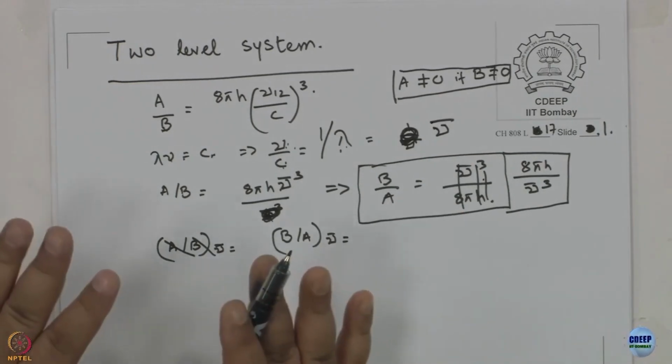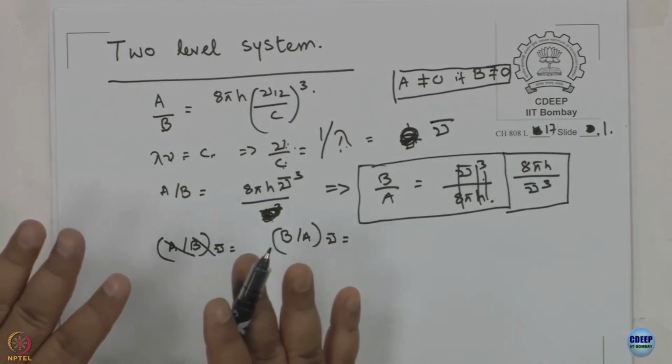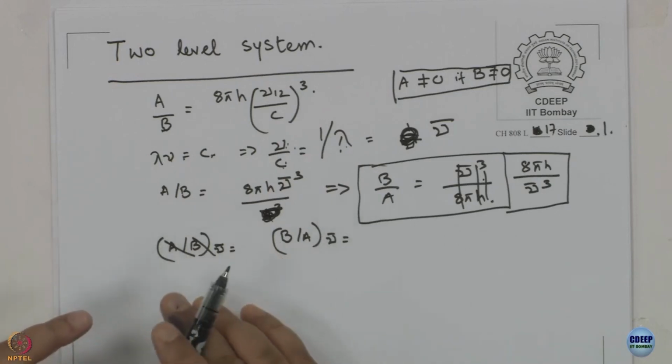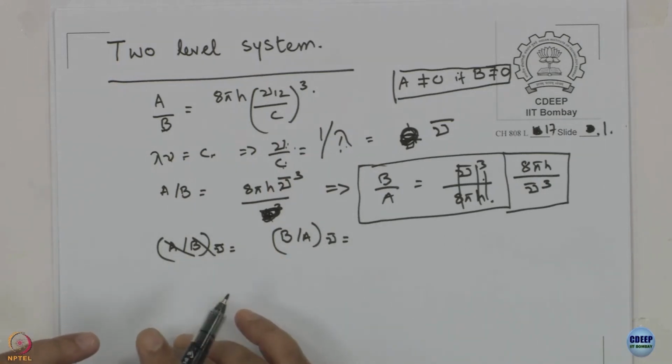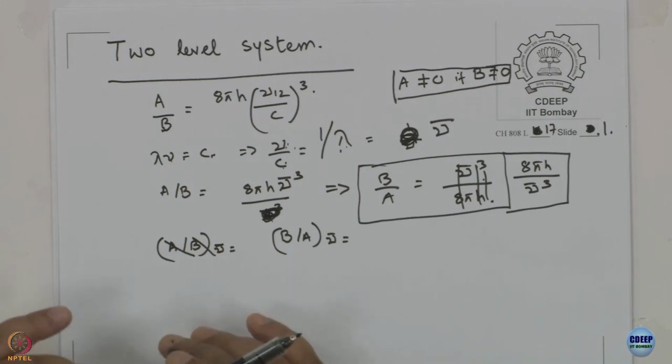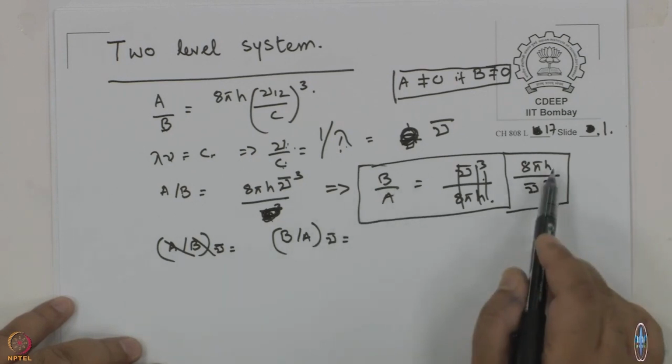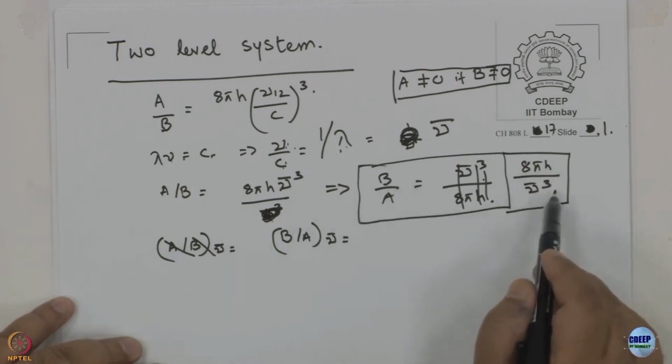All right. So, as I told you already, please be careful and correct me wherever I go wrong, otherwise we will learn things that are reciprocal of the correct picture. Okay. So, B by A is equal to 8 pi h divided by nu bar cube.